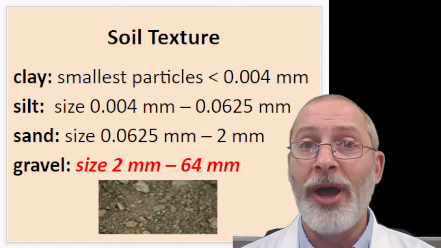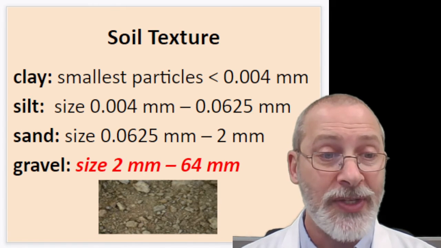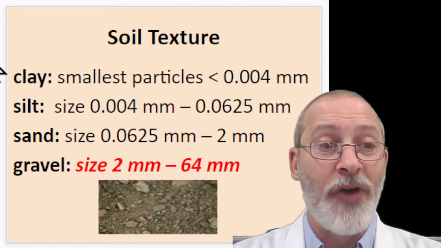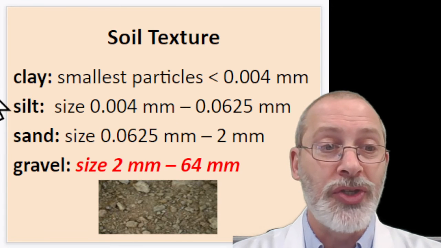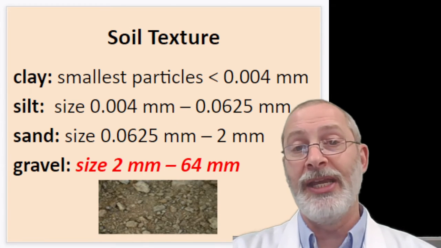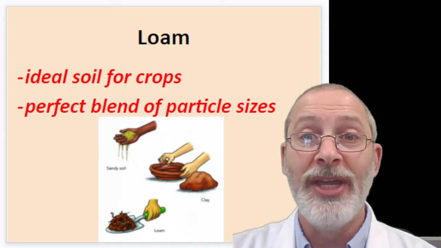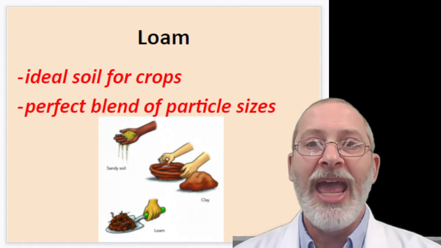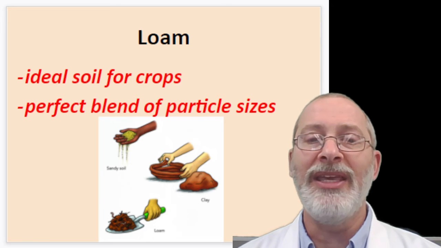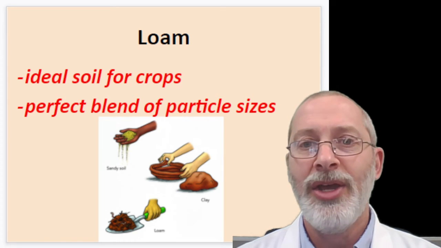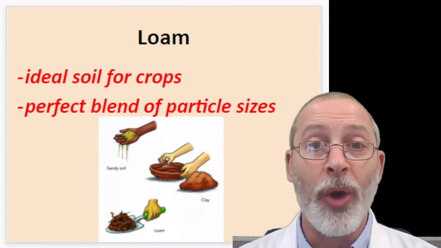Now, if your objective is to grow plants, like if you were a farmer, then you are certainly most interested in a soil type called a loam. A loam soil is ideal for crops, for growing plants.